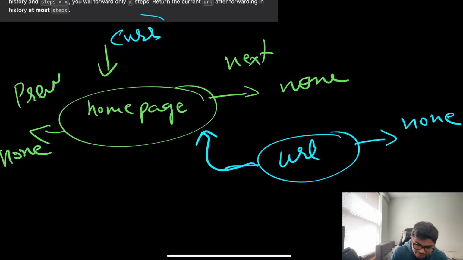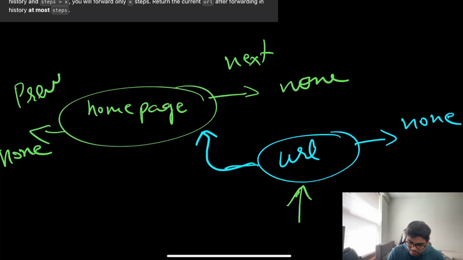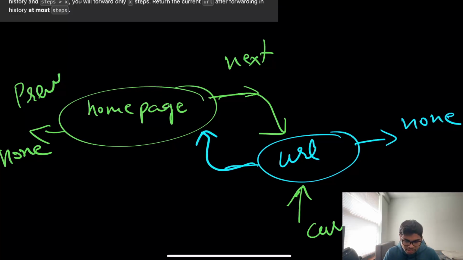Then I will move my current from here and point my current to this new URL. That will become my cur, and the home page's next will be set to this page.